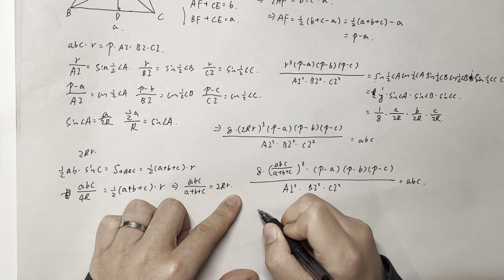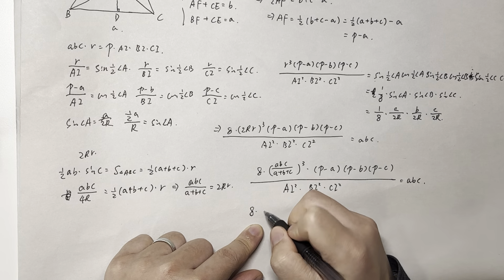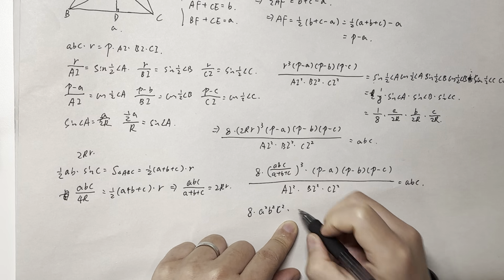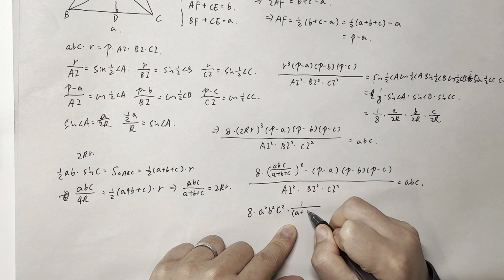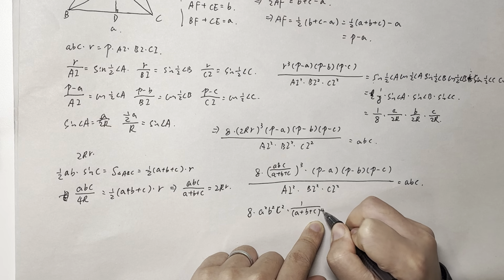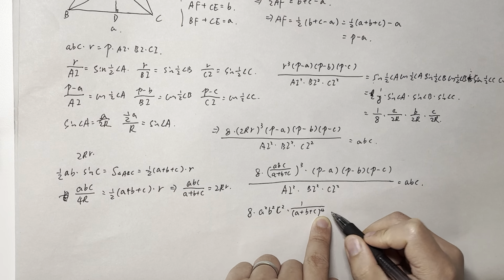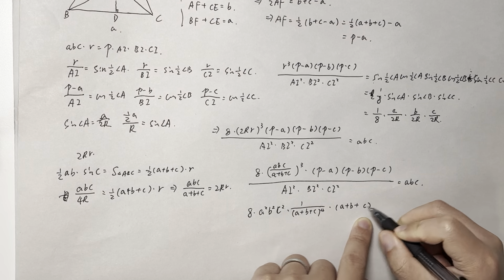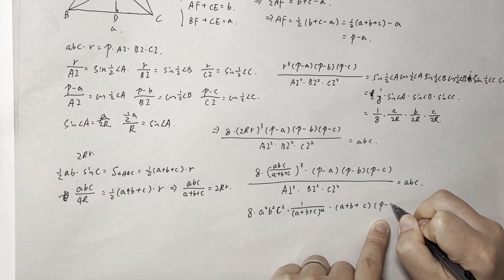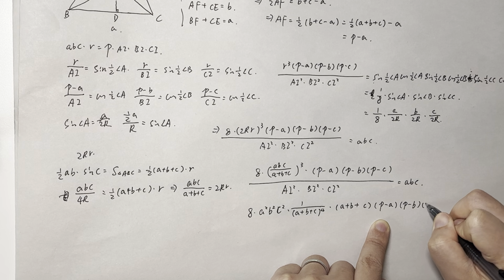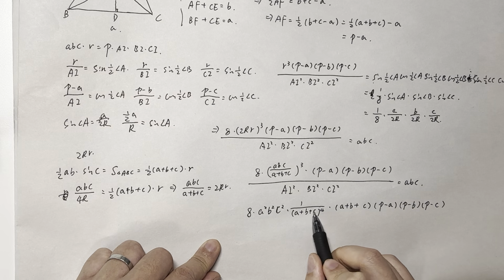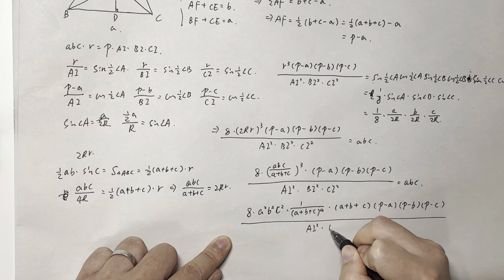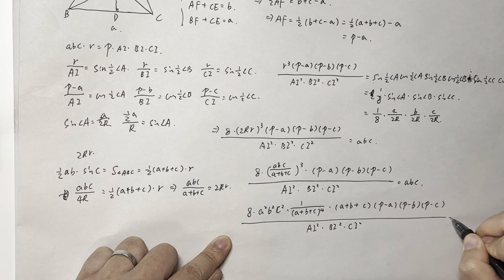We have 8 times A squared, B squared, C squared times 1 over (A plus B plus C) to the power 4, see here, 4, and times A plus B plus C, and times (P minus A)(P minus B)(P minus C), divided by AI squared, BI squared, CI squared equals 1.